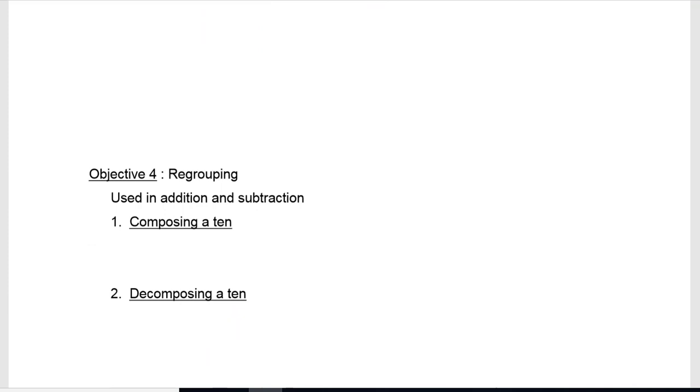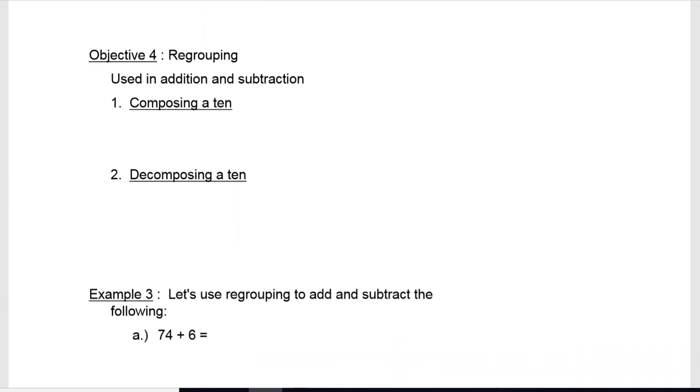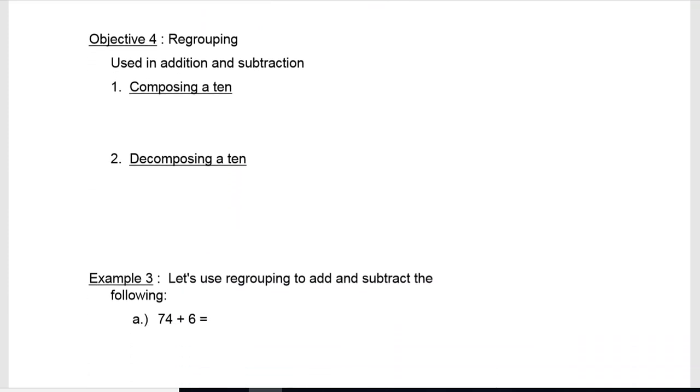All right. Once they can understand place value and they can understand how to order numbers, now it's time to get them to understand regrouping. Okay. So regrouping or rebundling, your book is going to use rebundling for their word. But we're going to use regrouping usually when we talk during class. So there's different types of rebundling or regrouping. The first one is to compose a 10.